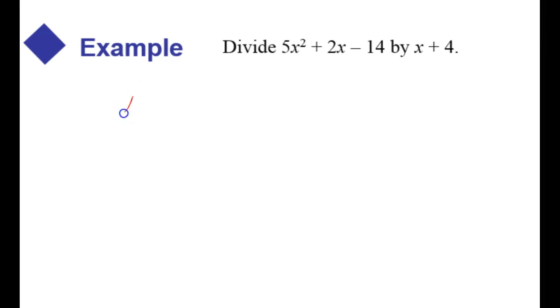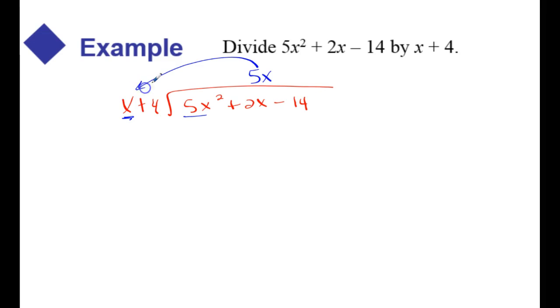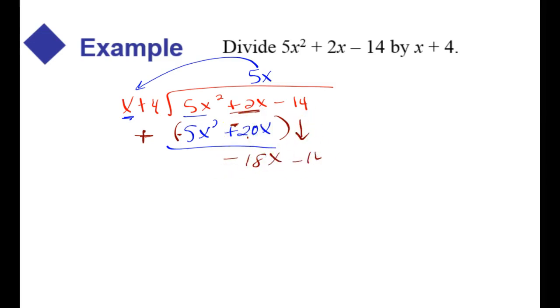Let's repeat this process with x plus 4 going into 5x squared plus 2x minus 14. So again, x goes into 5x squared 5x times. Multiply. 5x times x is 5x squared plus 20x. Here comes the difficult part: subtracting, meaning add the opposite. I would change all the signs. So this really says 2 take away 20, so it's negative 18x, and bring down the next term.